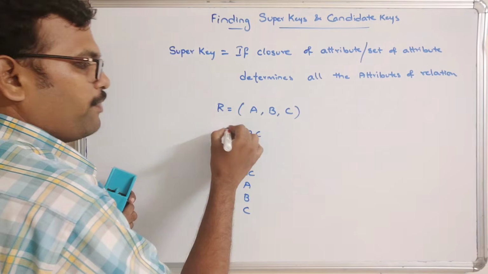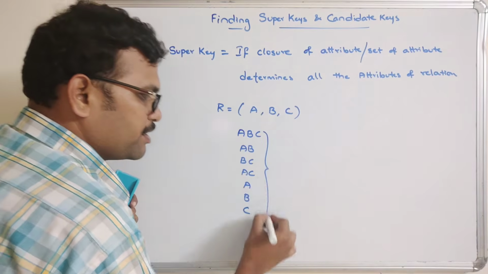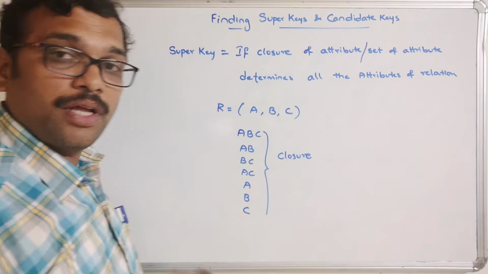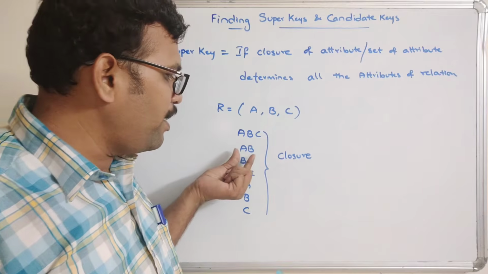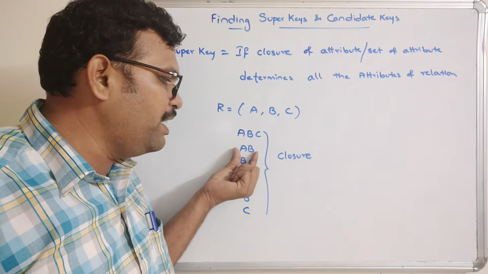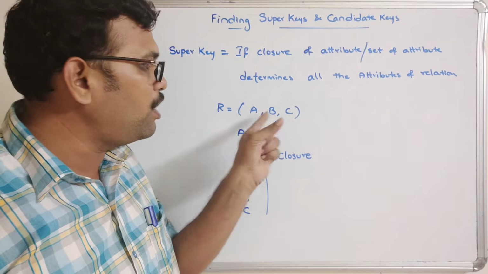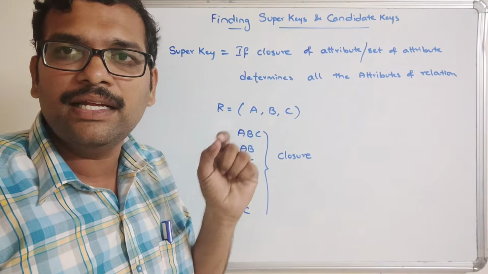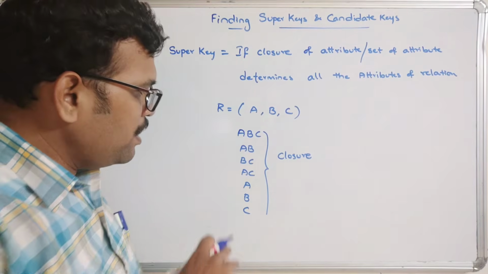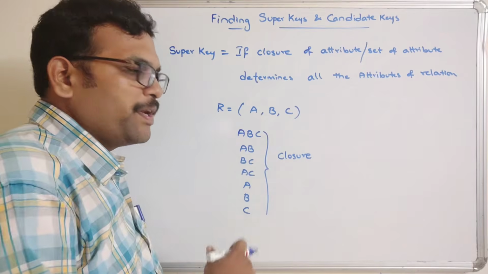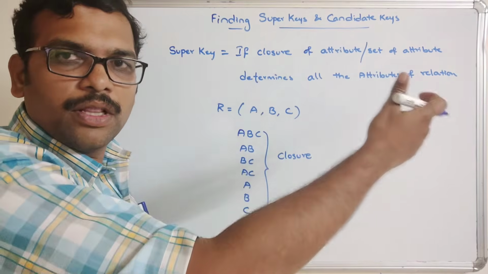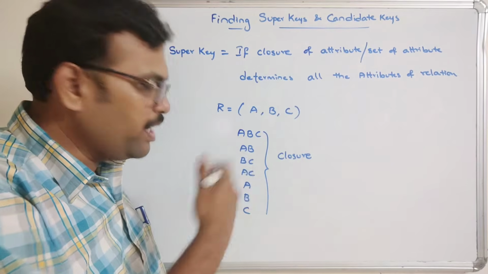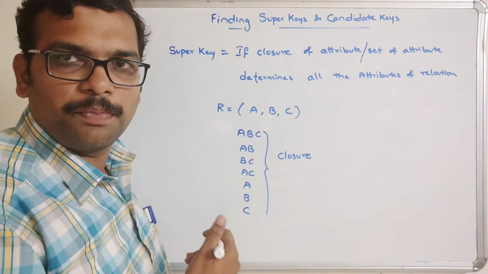If the closure of any set of attributes determines all the three attributes of the given relation, that will be considered a super key. And from that, we can sort out all the super keys, and from those super keys we can find the minimal set of super keys.